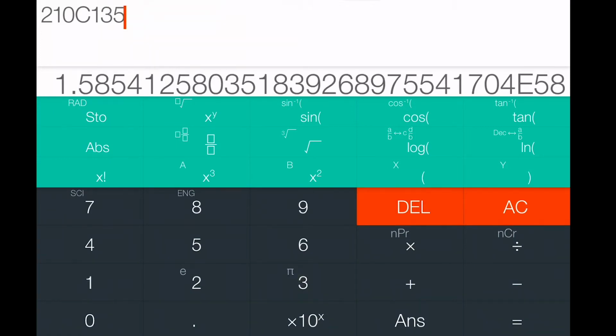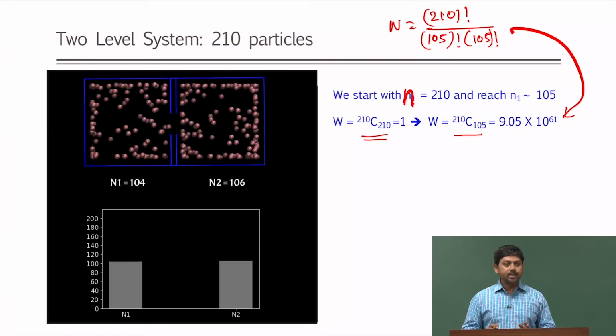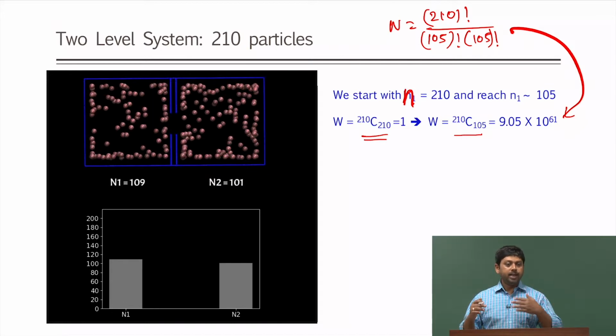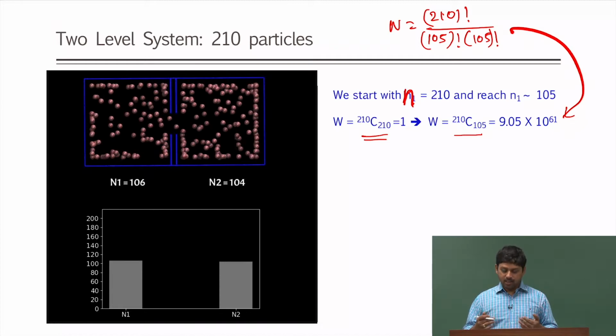So I am saying 135 particles in one box, and in the other box it will be 75. That gives 10 to the power 58, 100 times less than that. Like that you can see that the probability of deviations from this 50-50 split will be lesser and lesser as more deviation takes place.